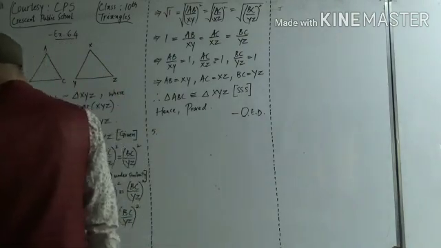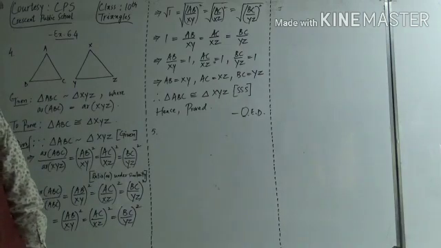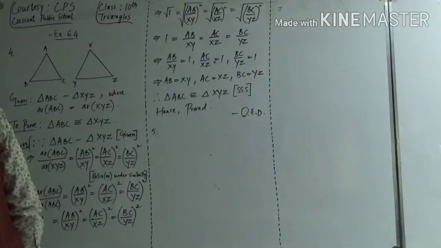Then I have question number 5. D, E and F are respectively the midpoints of sides AB, BC and CA of triangle ABC. Find the ratio of the areas of triangle DEF and triangle ABC.